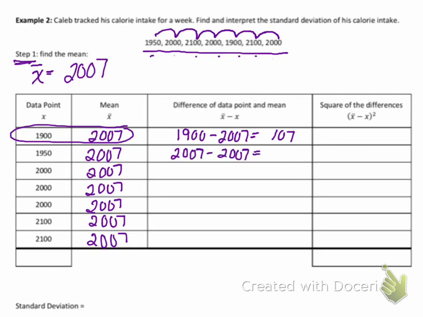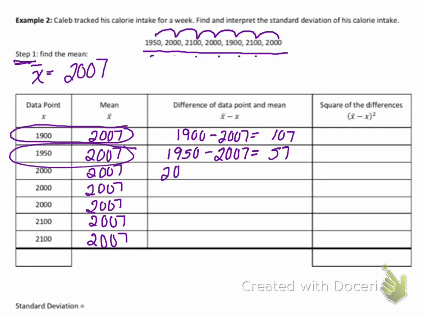That's not even difficult. I know it's 0. Wait a minute. I was looking in the wrong direction. Let's try that again. I meant to say 1,950 minus 2007. Okay, there we go. That gives me 57.